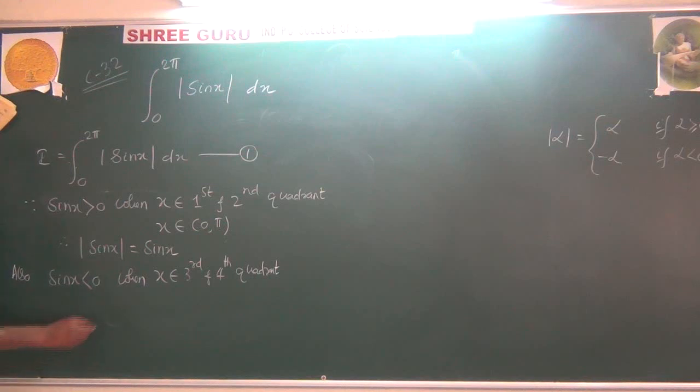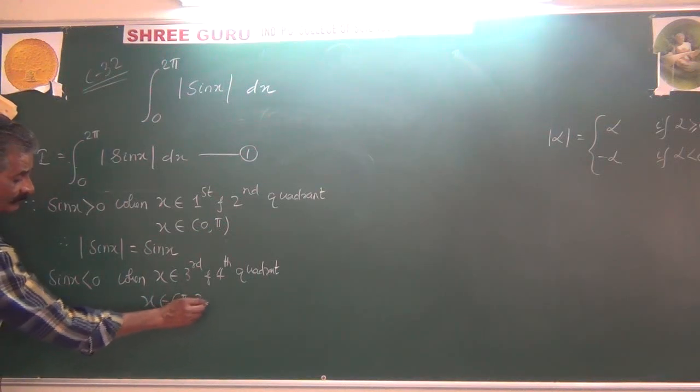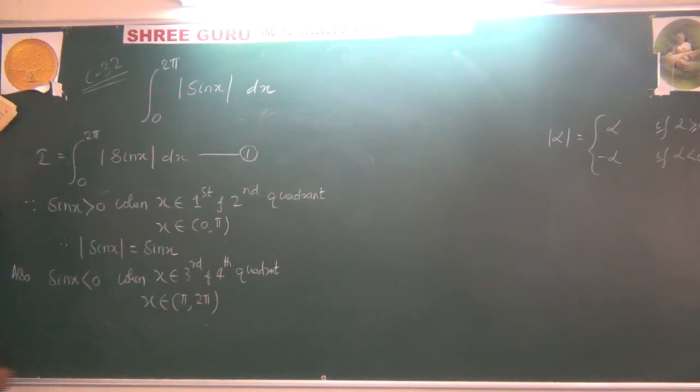So now that means x belongs to which interval? Pi to 2 pi. And now mod sin x will be minus of sin x.